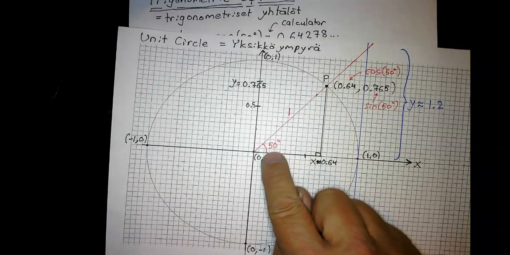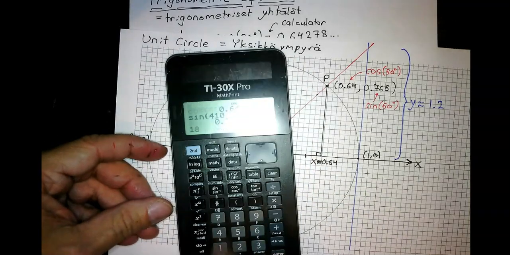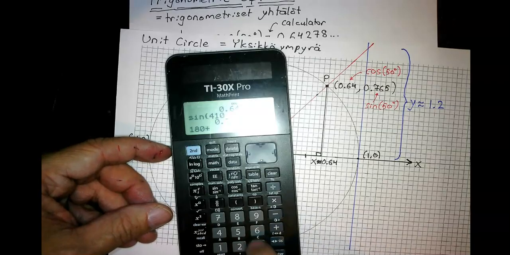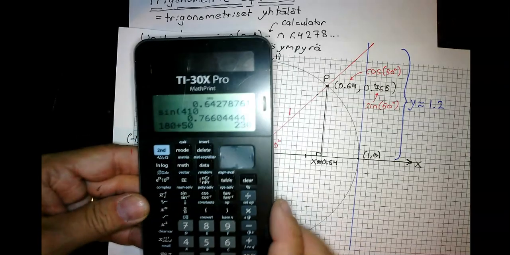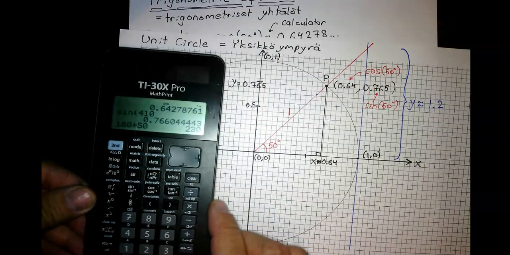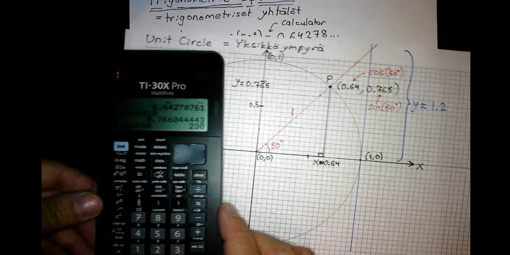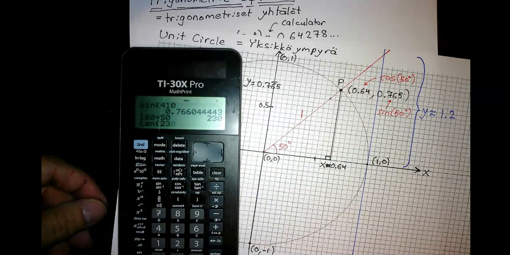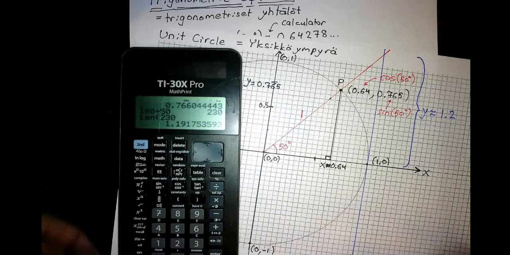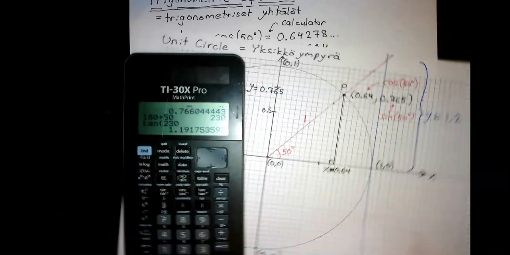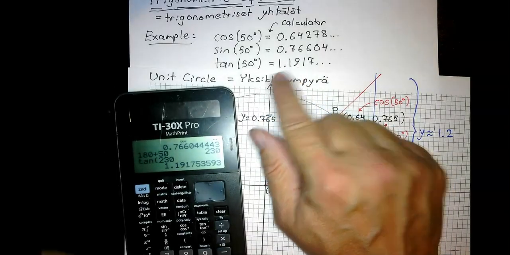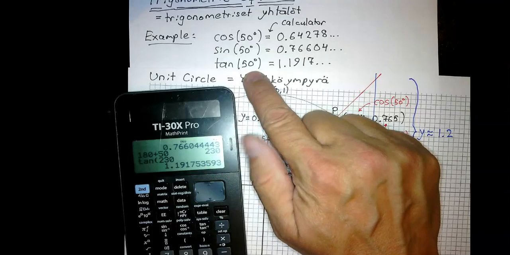So if we add 180 degrees to this value, 180 plus 50 degrees, we have angle 230, and if we take tangent of this value, tangent 230, we get 1.19, the same value as for tangent 50 degrees.